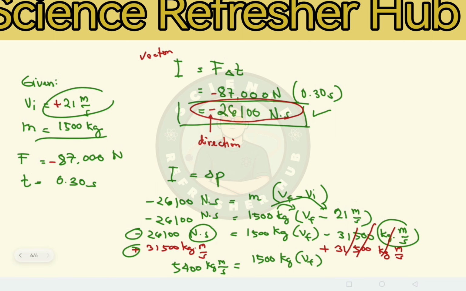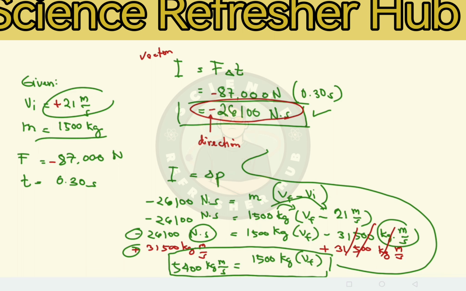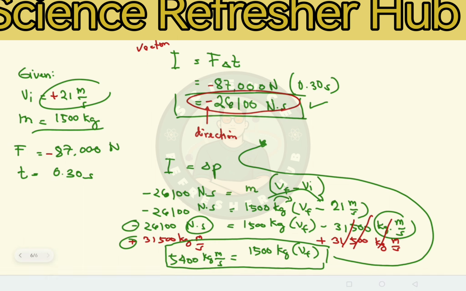We're not yet done, and I don't have enough space. Try to focus. I will transfer this remaining figure here. 5,400 kilogram meter per second is equal to 1,500 kilogram and our unknown, the VF.